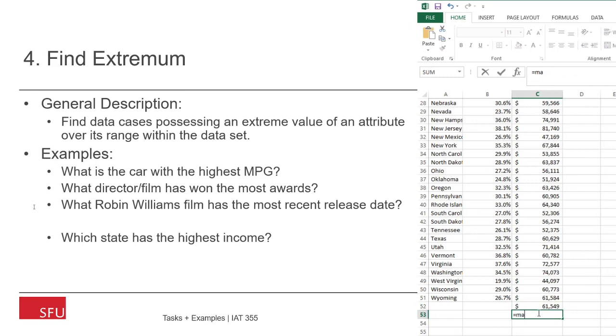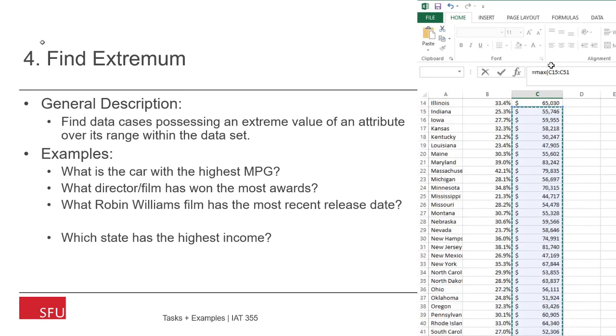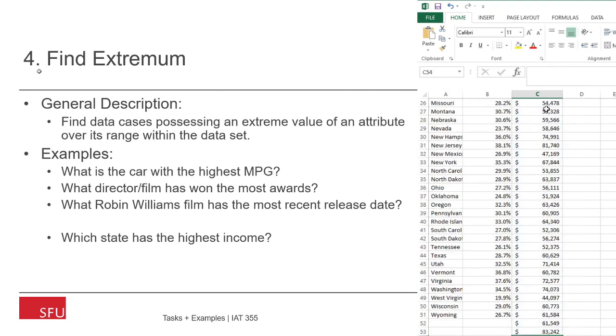So if we want the maximum, for example, just once again highlight the range that we want. And that tells us the max, and that's 83,242. And we could also execute the minimum formula. But that's simply Excel's answer to that query of what's the maximum.